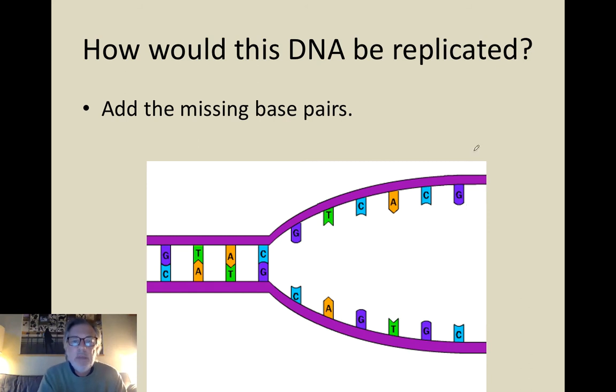Well, you already know the answer. It would be very easy for you to fill in the missing base pair. In other words, this here would be a C, this would be an A, this would be a G, this would be a T, etc. You can see it's right down here. And the opposite side would be paired with a G, a T, a C, and an A.